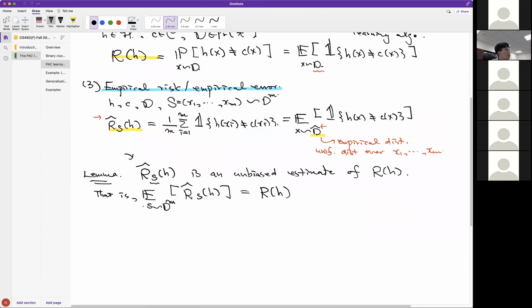So now, using this empirical risk, we're going to define the PAC learnability definition.